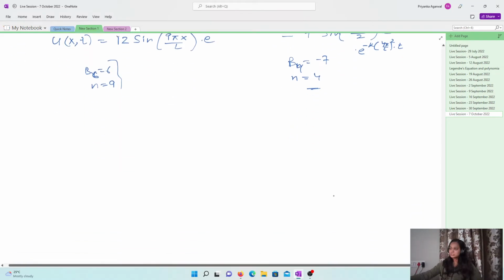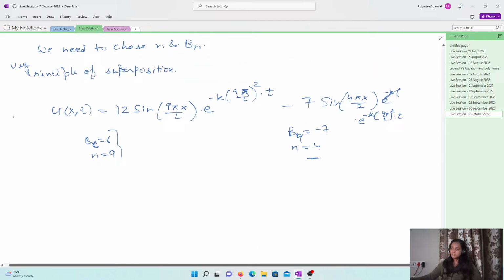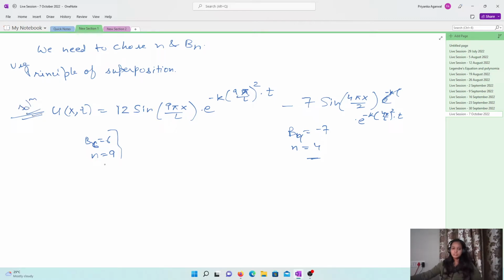Alright, so this is the required solution. So now we have seen a solution that satisfies any solutions for the initial condition in the given boundary conditions.